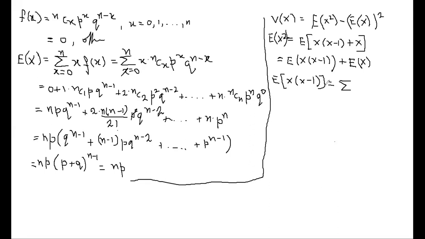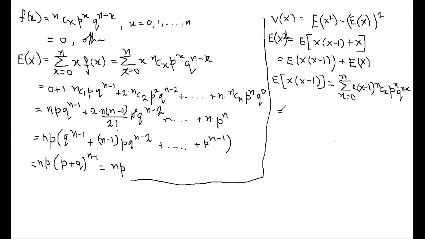It is the sum of x into x minus 1 into f(x). And what is our f(x)? f(x) is NCx p to the power of x and q to the power of n minus x, since we are doing binomial distribution. And as similar to the previous one, x varies from 0 to n, right?